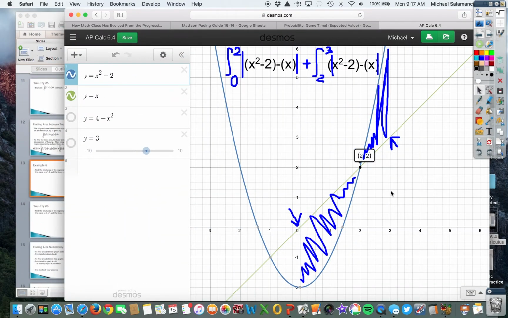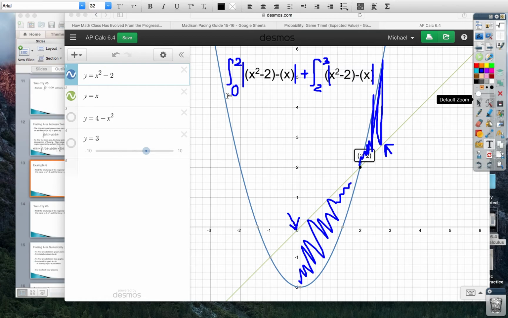Now we are going to evaluate this by taking the antiderivative of each one. So this first one's going to become x to the third power divided by 3 minus 2x minus x squared divided by 2. And the same thing would happen on the right side.